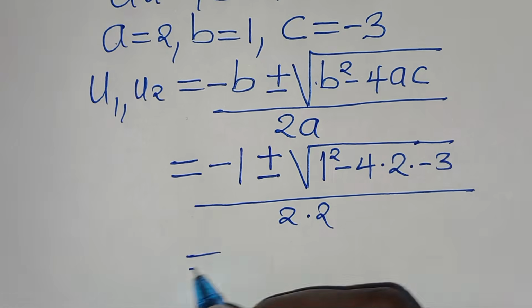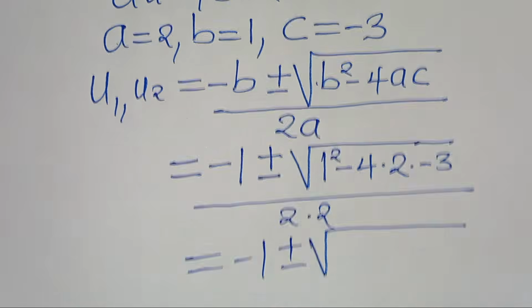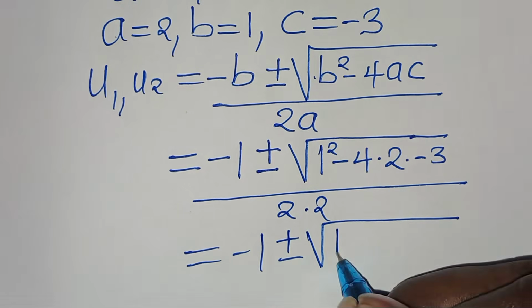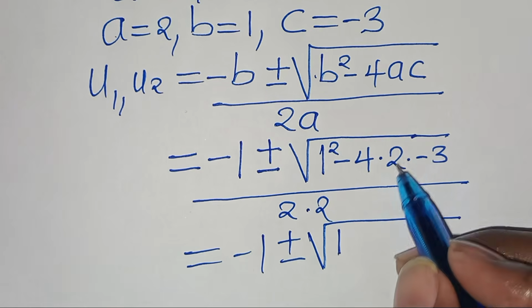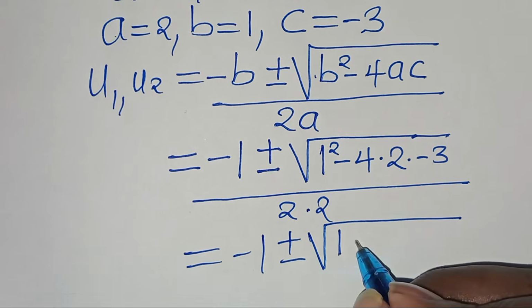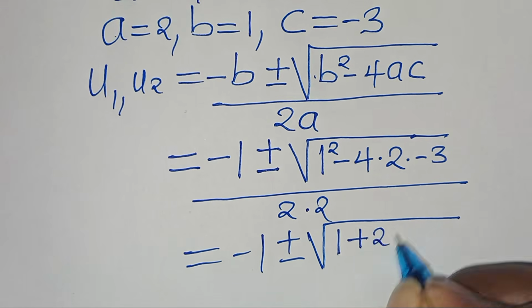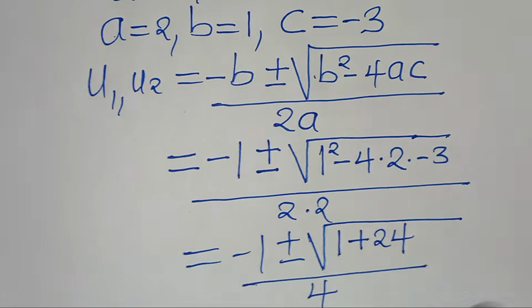Now here we have minus 1 plus or minus the square root of 1 squared, which is 1, then minus 4 times 2, which is minus 8, times minus 3, which is plus 24, divided by 2 times 2, which is 4.